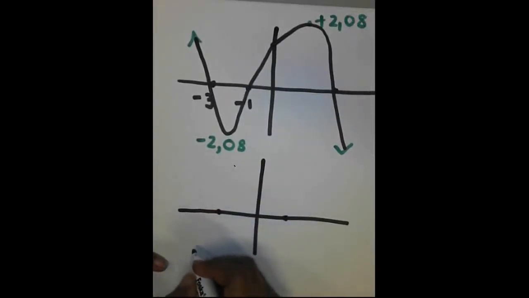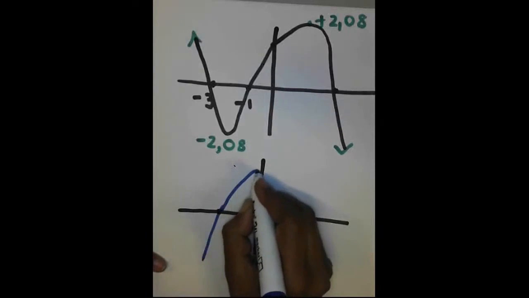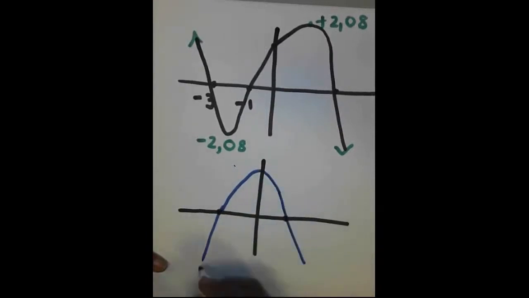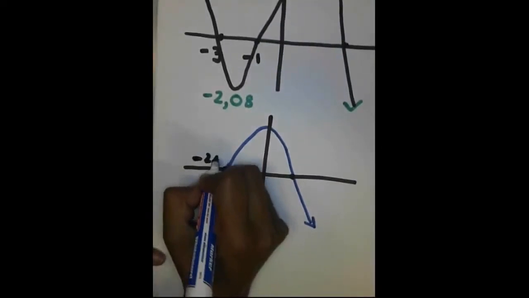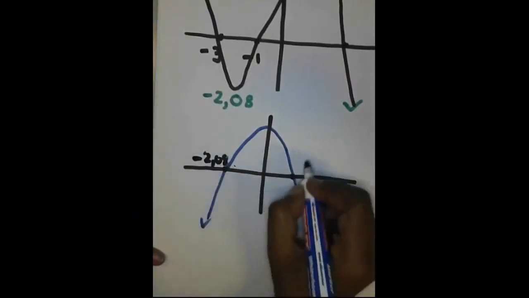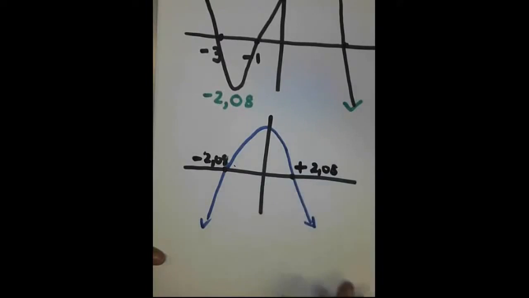Now, remember, this equation is upside down. This equation goes through 13, and it does this. That is what it looks like. So this one here is negative 2,08. This one here is positive 2,08. That is what I get.